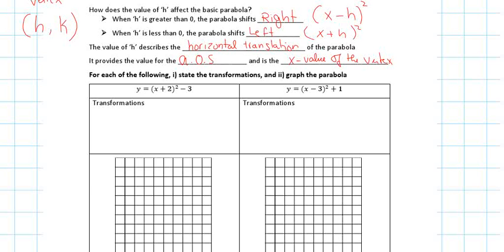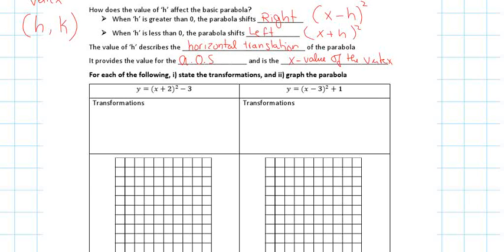So h and k make up the vertex. When you see it, you're not going to see only this or only this. You might see one at a time, but you might also see both of them together in the same equation. You need to be able to see that this is the h and this is the k, and they're both making the vertex.